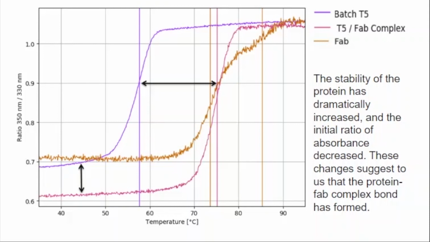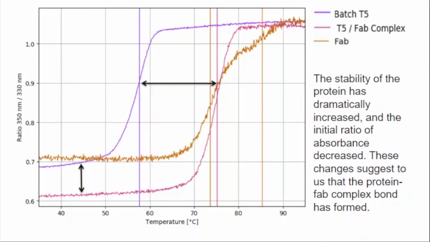Also, we see a decrease, a change in the initial ratio of absorbance. You can see that the blue and the orange traces begin around a ratio of 0.7, but our complex, our pink trace, begins to unfold at a ratio of 0.6. And this suggests to us that the ratios have changed because the total number of amino acids has changed.